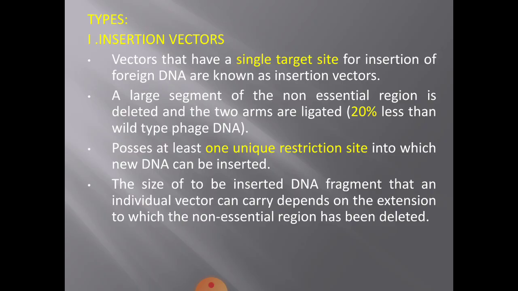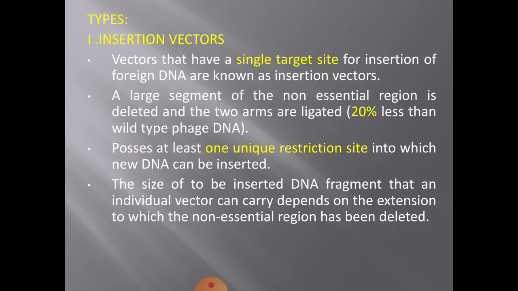Now coming to insertion vectors. Here vectors have a single target site for the insertion of foreign DNA. Okay, for the insertion of foreign DNA, and wherever there is a single target site, just a cut is made and in that you will insert the DNA. Such vectors are known as insertion vectors.